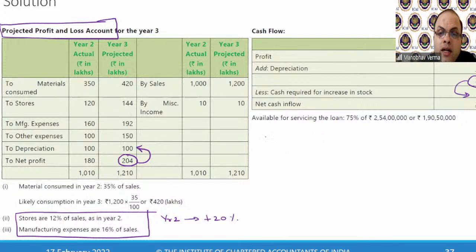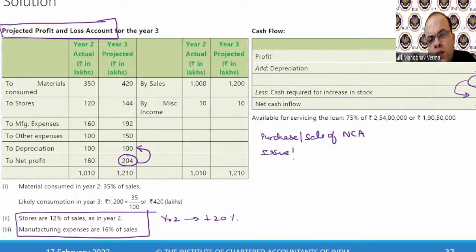But remember, if there is any kind of purchase or sale of non-current assets, or any kind of issue or redemption of shares and debentures, all those will also be adjusted here, guys. This is a long one. Yeah, of course, you need to go back after the class and just do another reading of it, and I think you will get more comfortable on this one.